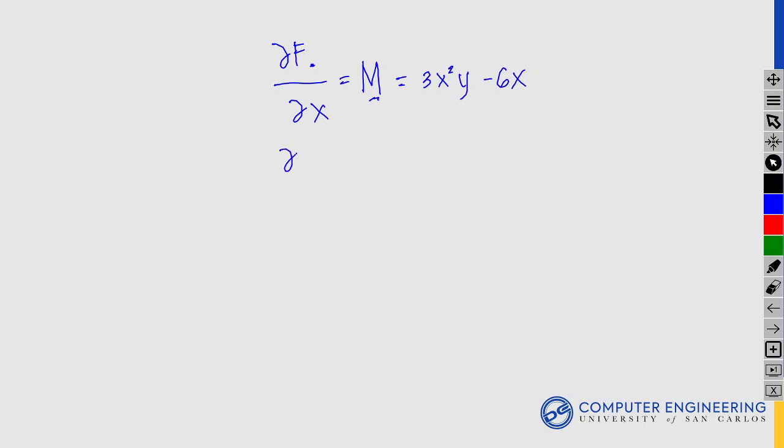At the same time, just to be complete, the partial derivative with respect to y is equal to N, which is x³ + 2y. What we are looking for is the solution f. If we just figure out what f is, we have a solution. By the way, our assumption was that f is equal to an arbitrary constant. And if we differentiate f with respect to x or y, it will be equal to the coefficient of our given differential equation.